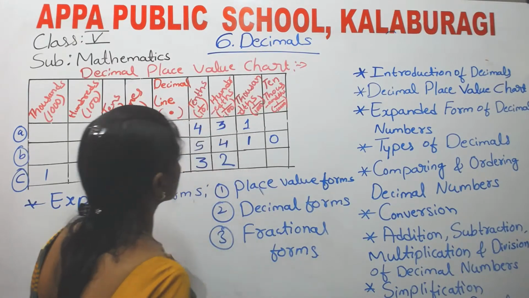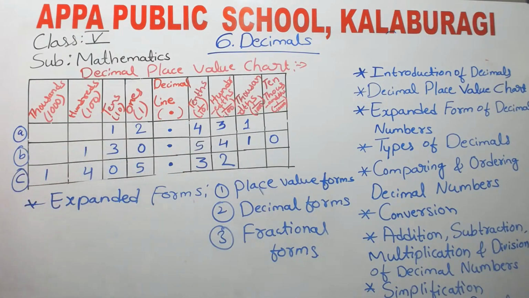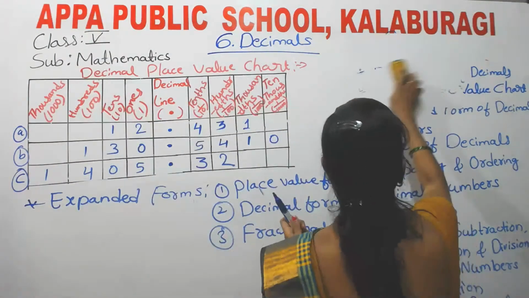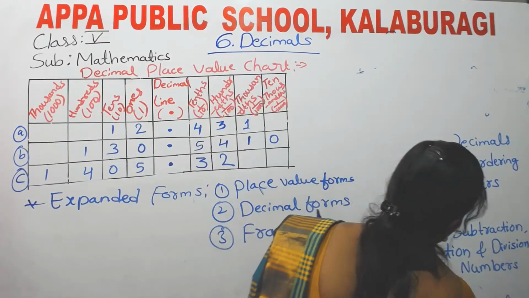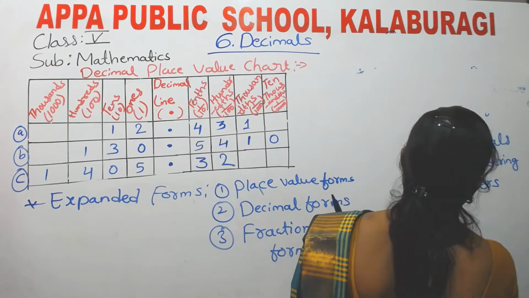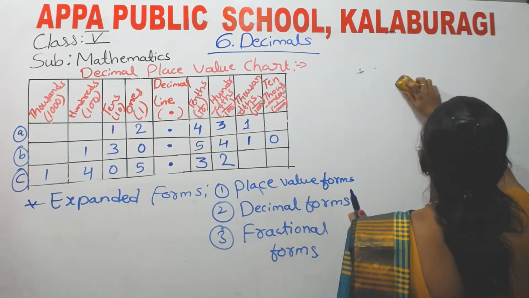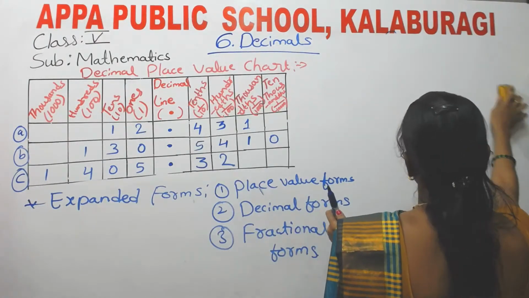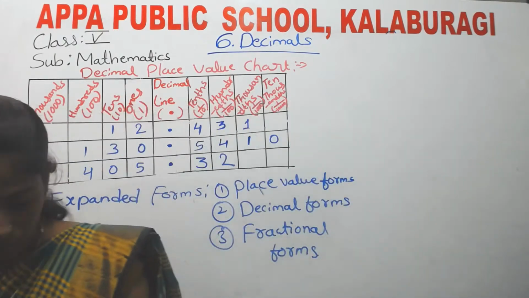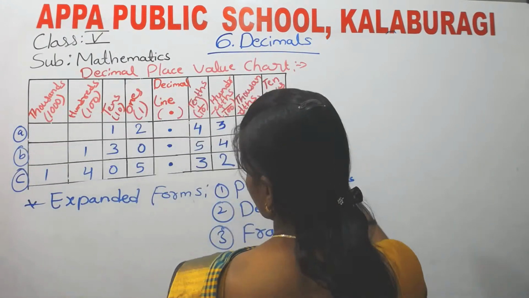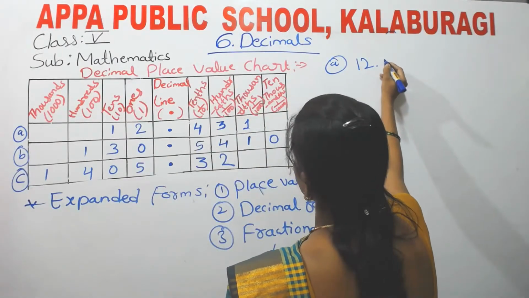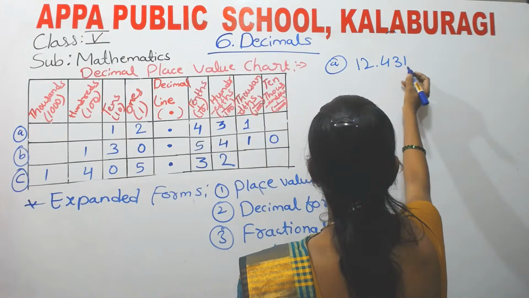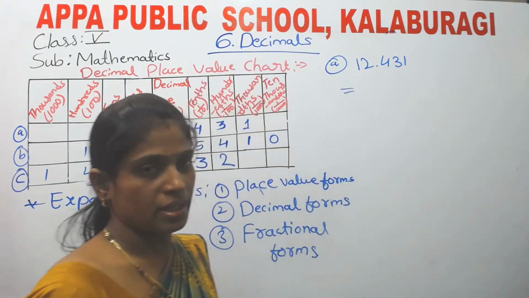Okay, children, now the first number I will explain. First, which number is there? First, A1 I will say: 12 plus 0.431. Now you can write it in expanded form.